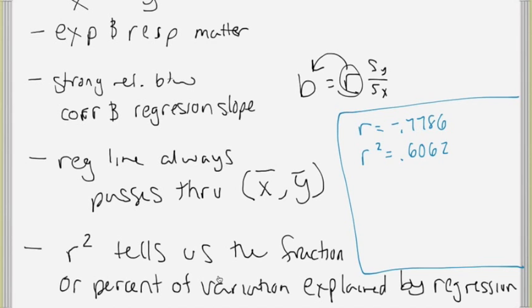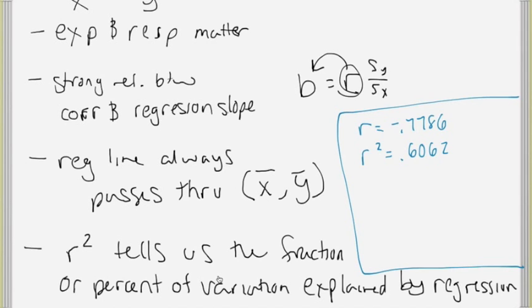This is just some information from example 4 in your book, but I wrote it up here as well. So we've got our r value of negative 0.7786. What does that mean about this particular data? What can our r value tell us about it? Okay, yeah, it has a negative correlation. And what else?